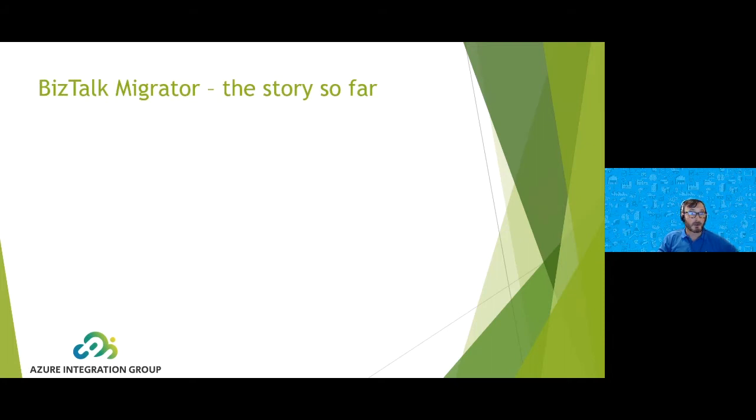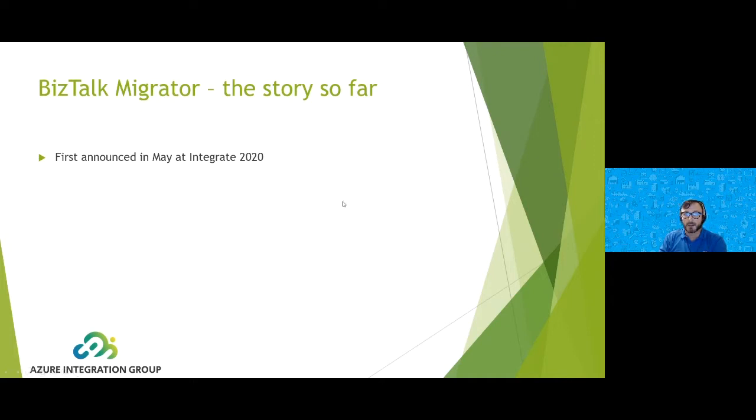Okay, so the story so far. Microsoft first announced the BizTalk Migrator in May at the Integrate 2020 conference. It was billed to be dropping in autumn 2020, which is kind of just where we are.